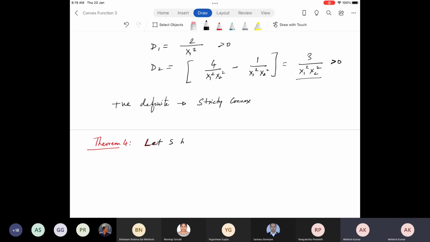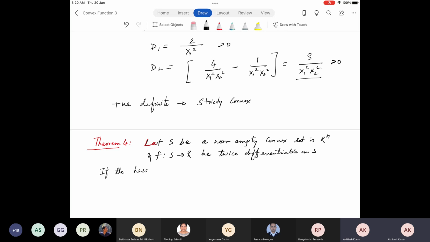Let S be a non-empty convex set in Rn and let F: S to R be twice differentiable on S. Okay, if the Hessian matrix is positive definite at each point on S, then F is strictly convex.